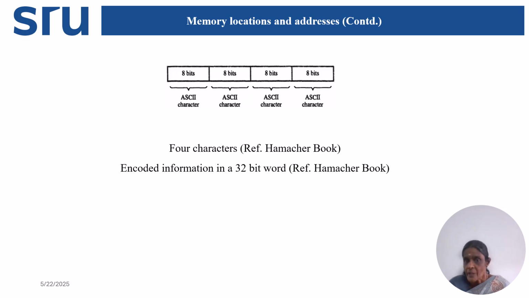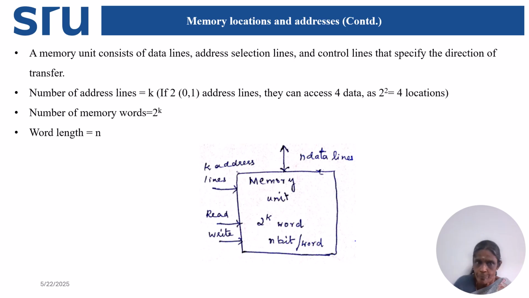Based on that, GOOD is stored from left to right or right to left. Okay, so this is the encoded information in a 32-bit word. This is diagrammatically explained.